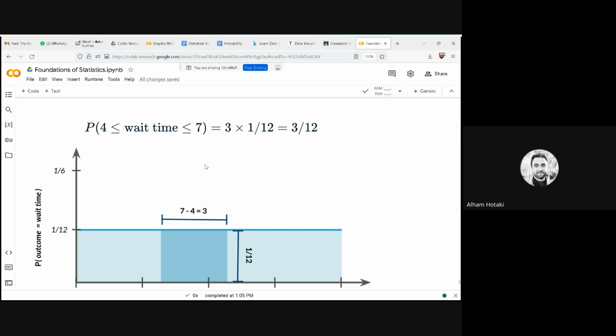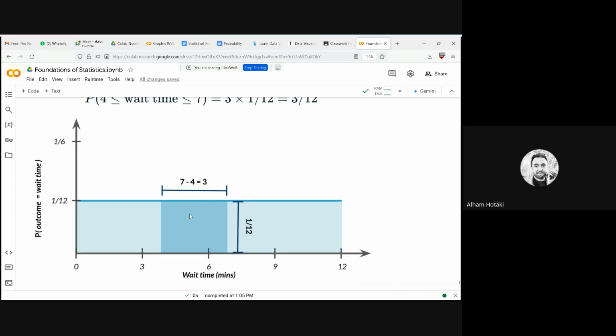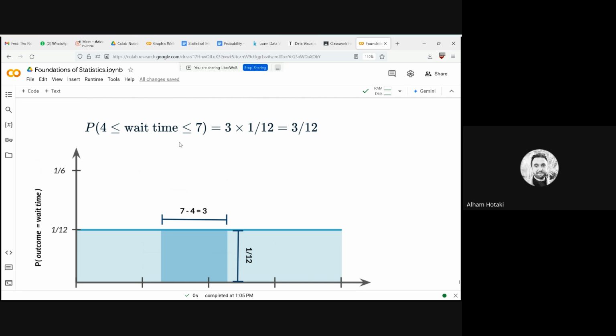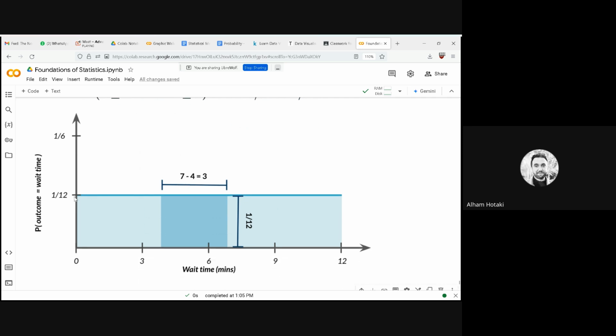This is how you get the probability of waiting time between and equal to 4 and 7. This is a continuous probability of wait time.